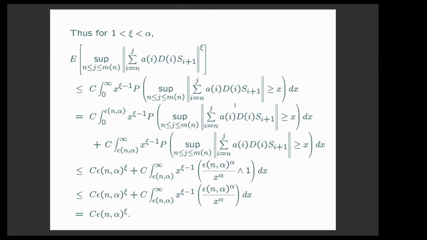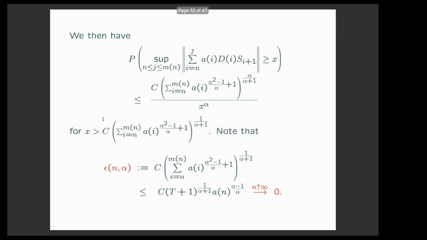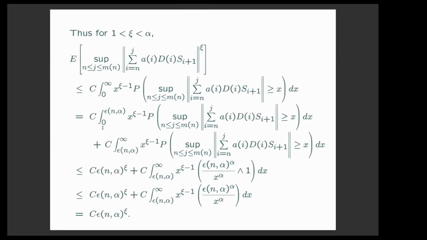At some point we plug in the bound. You see, the reason you do this is that this inequality holds true for x bigger than this. So if you split this integral into parts, you bound them separately. And here the second term is treated the same way. I'm using the same letter C for the combined constant. So it's the kind of standard probability argument.